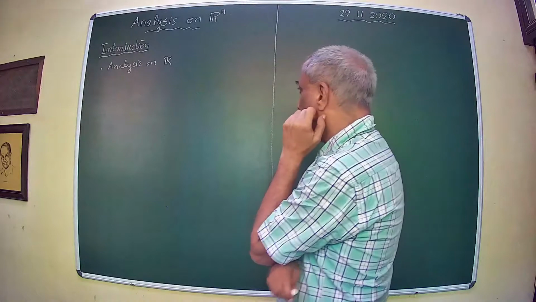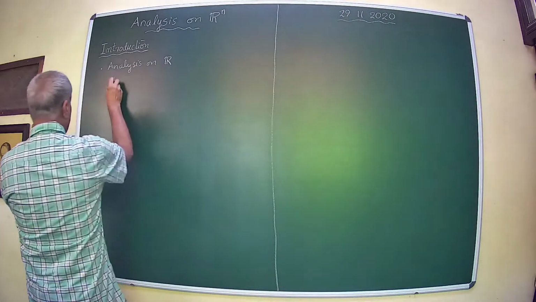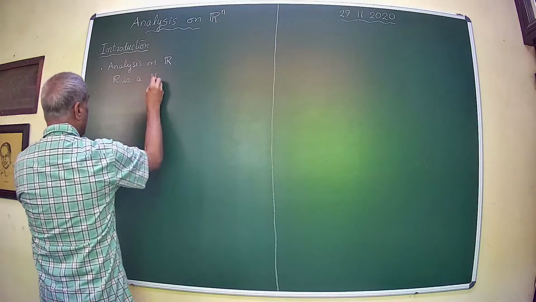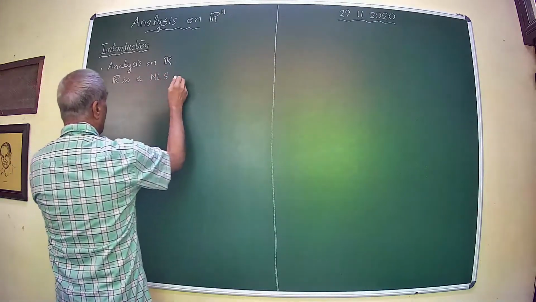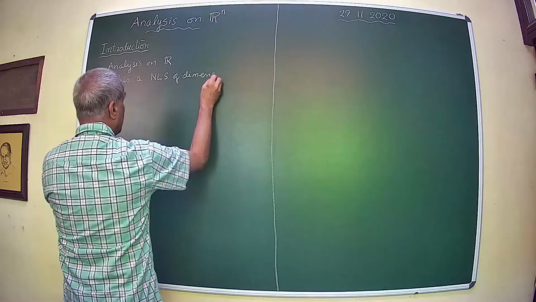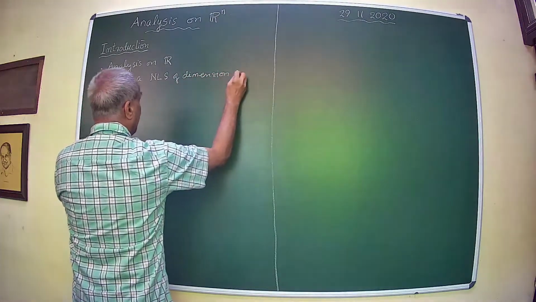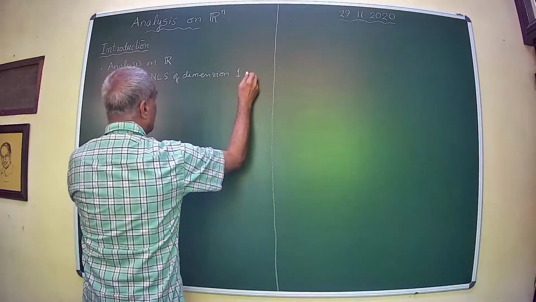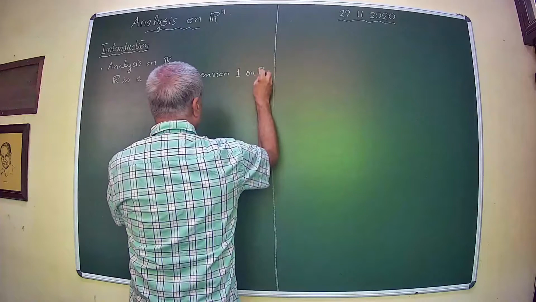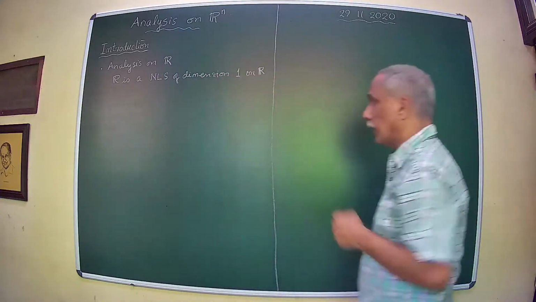So R is a normed linear space of dimension 1 on R. On R, here the associated field is R.